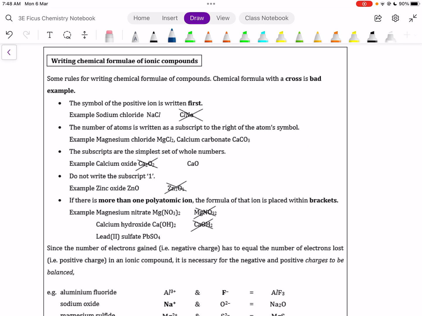Okay, so now I'm talking about the rules for writing your ionic formula. There are some rules on writing the ionic formula.